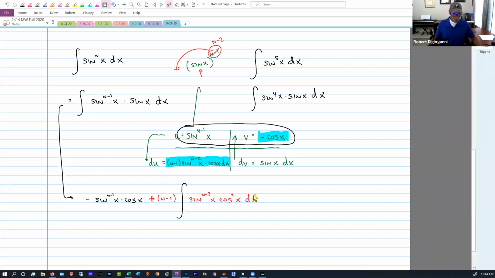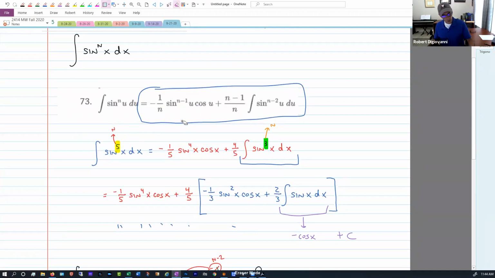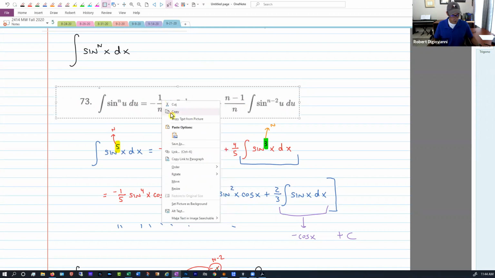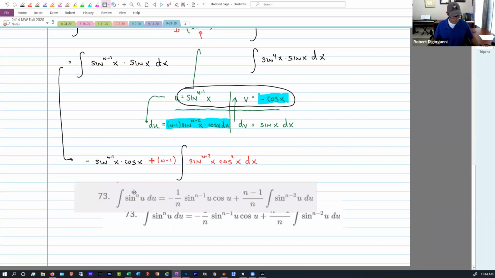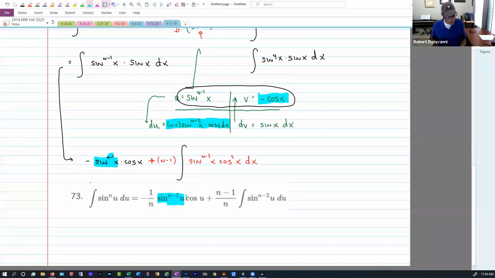Okay, so let's just look at the formula. Let me go grab it real quick. Let's just see how close we are to this. All right, so in terms of our answer, some things look promising here. Sine to the n minus 1 of x is like this part. And then cosine, I've got cosine.